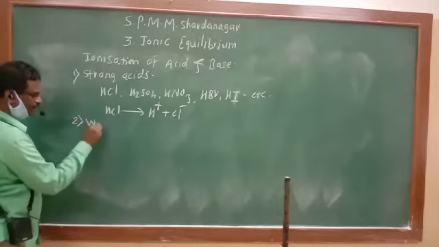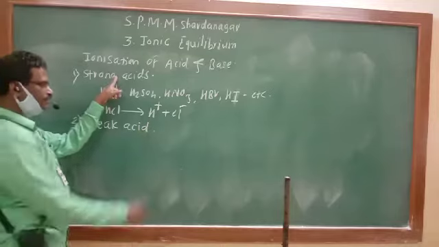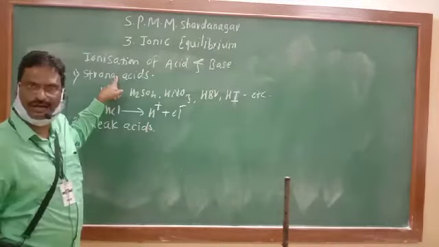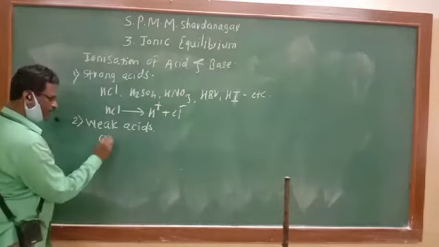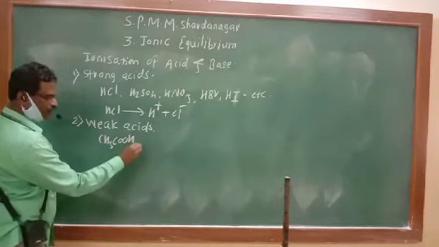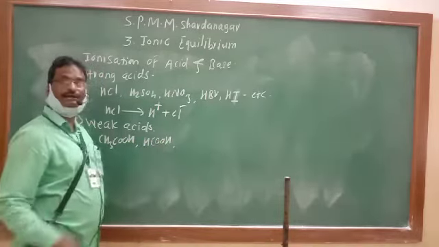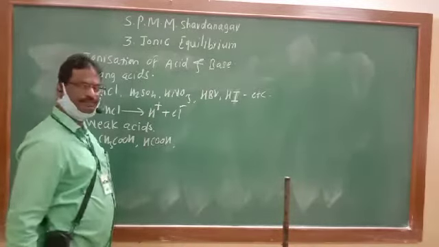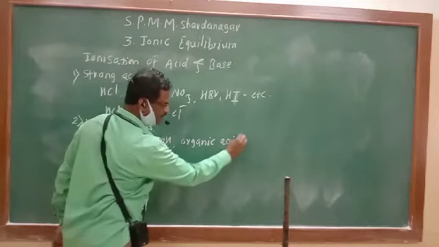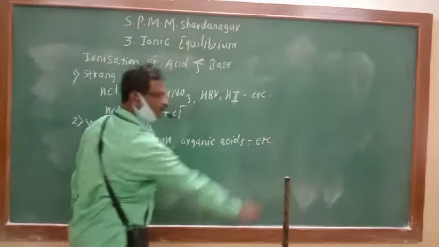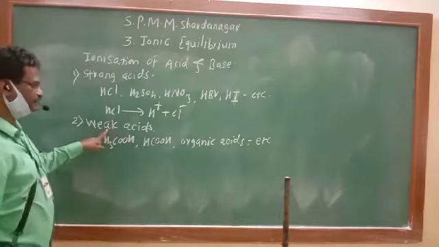Secondly, weak acids. Strong acid undergo complete dissociation, whereas weak acids will undergo incomplete dissociation, partial dissociation, like acetic acid CH3COOH, formic acid HCOOH, hydrofluoric acid HF, organic acids. Almost all organic acids are nothing but weak acids because they undergo incomplete dissociation.